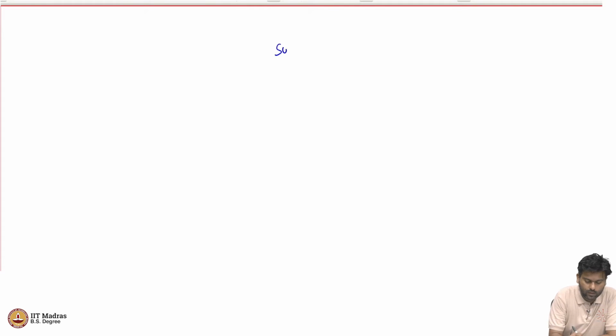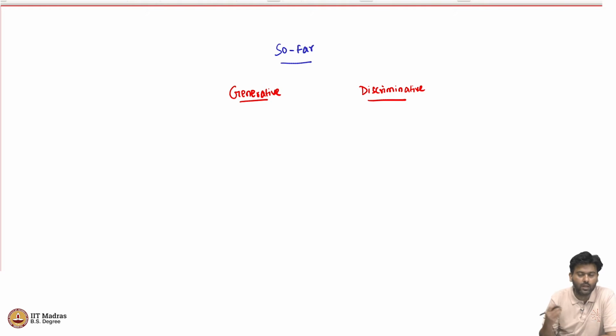So far this is the picture that we have seen. We have looked at two different types of approaches to algorithms. One is the generative model and the other is the discriminative model. And we have seen several examples of algorithms in both these cases. In the generative case, for example, we looked at the naive Bayes algorithm.